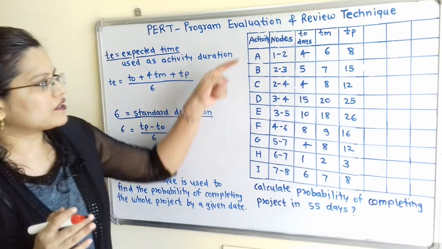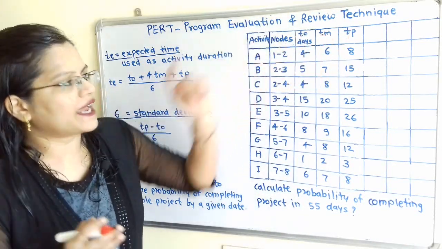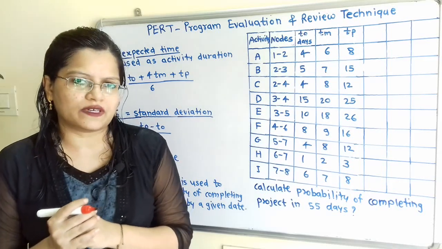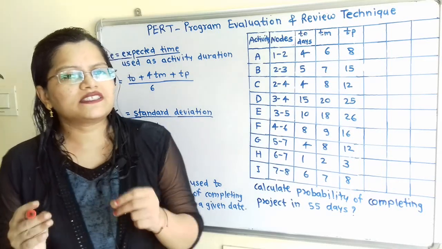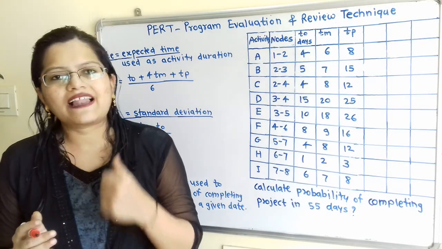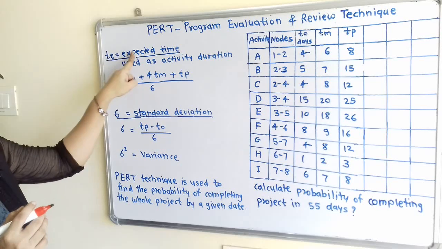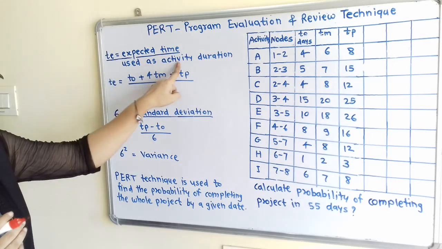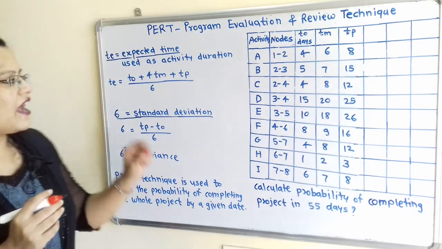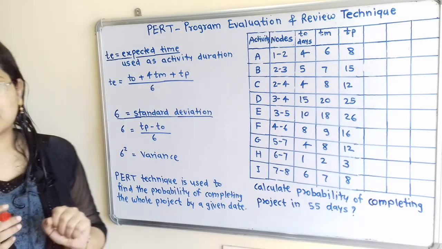Now if we observe, for each activity the optimistic time, pessimistic time and most likely time are given. Now for each activity, how to calculate the duration? To calculate duration, we will first calculate TE, because this expected time is used as activity duration, and the formula is To plus 4Tm plus Tp divided by 6.